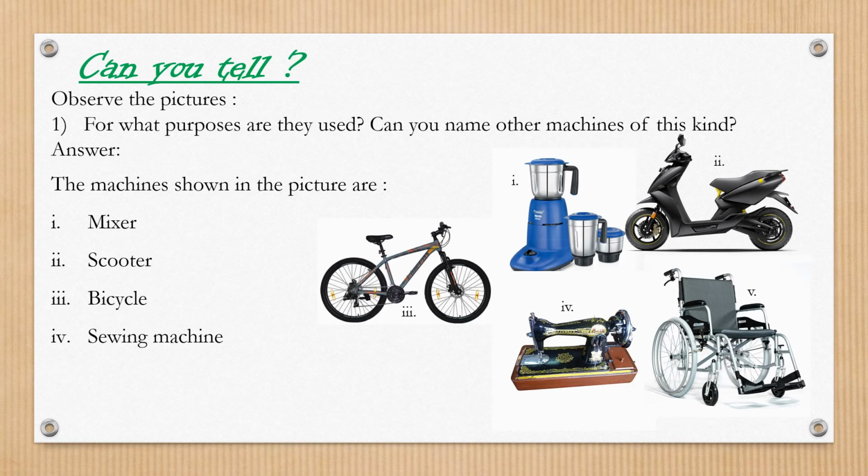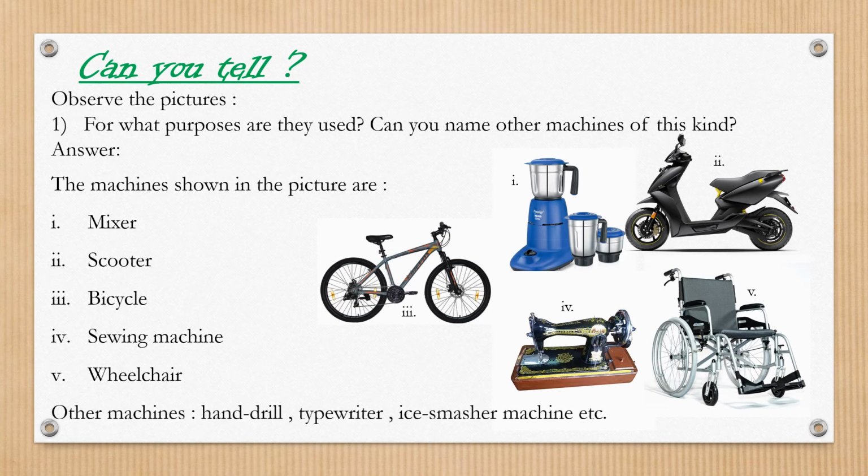And the fifth picture is of a wheelchair. A wheelchair is used by people who have difficulty in walking to travel from one place to another. And yes, the other machines are hand drill, typewriter, ice smasher machine, etc.